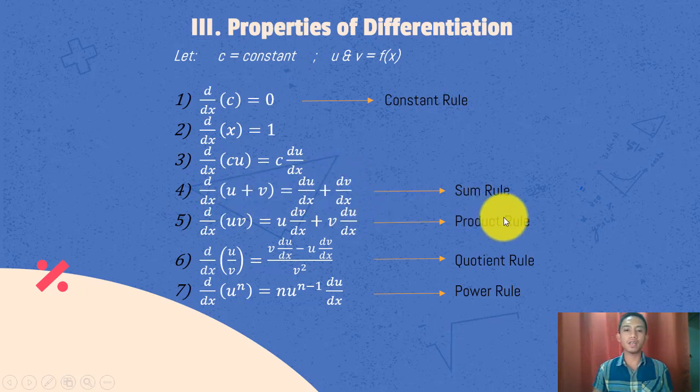Product rule. Okay, this is now a little bit different from limits. In limits, you just get the limit of the two functions and then multiply. But in differentiation, this is very different. If you are getting the derivative of two functions multiplied together, copy the first one and differentiate the other.